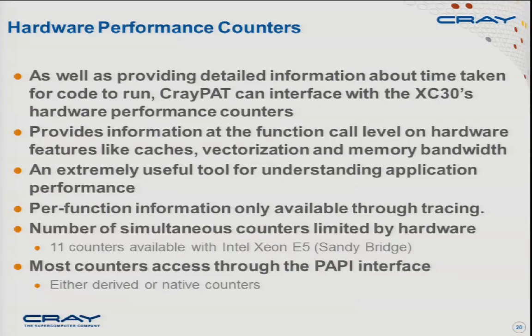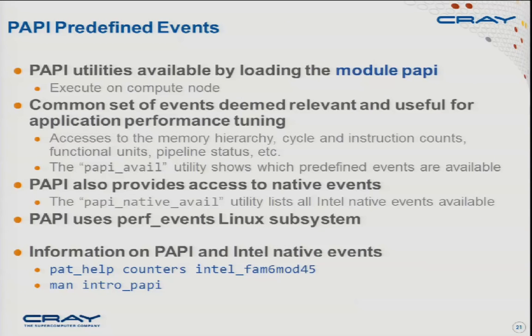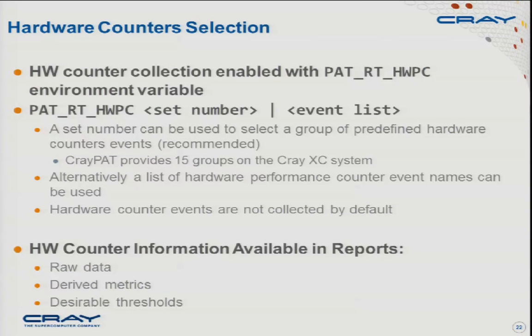In our application, we use the PAPI interface, so we can collect events. As I said, I will not go into detail on how it works, but what is important for us is that there is papi_avail, where you can understand which kind of events we have in the Sandy Bridge. There are groups of events that can be interesting for you, so you can just set an environment variable, okay?